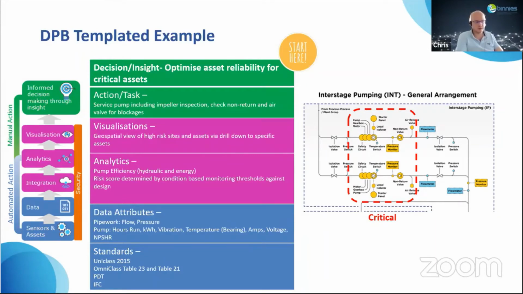And so it's about understanding from that decision or outcome you're trying to meet, which assets are critical to obtaining that. So you can see the little star here. We want to start with the end in mind. What is the outcome we want to achieve? And from there, we've picked a simple process around interstage pumping, and a simple decision or insight around asset reliability.